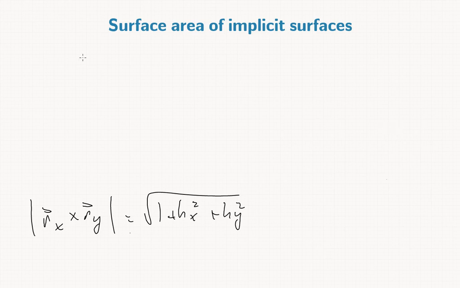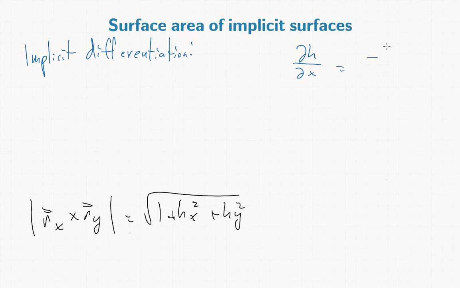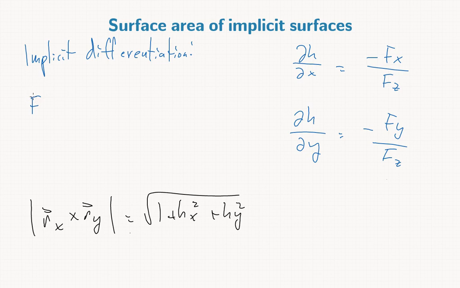So implicit differentiation gives that del h by del x is negative fx over fz, and del h by del y is negative fy over fz.